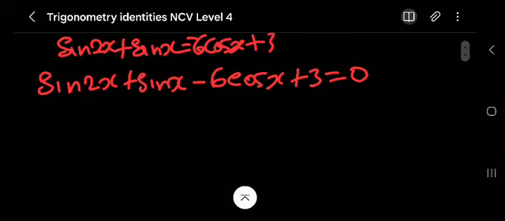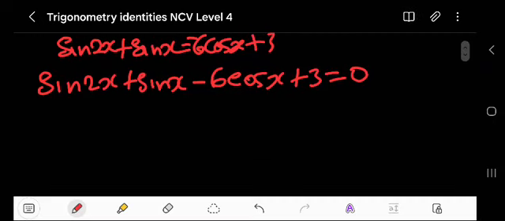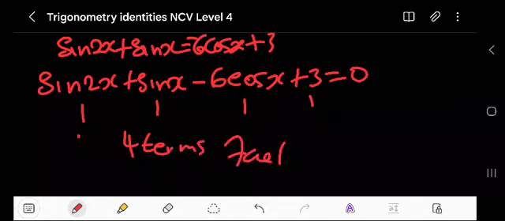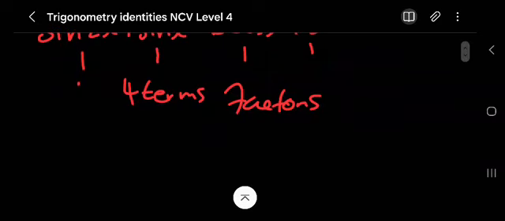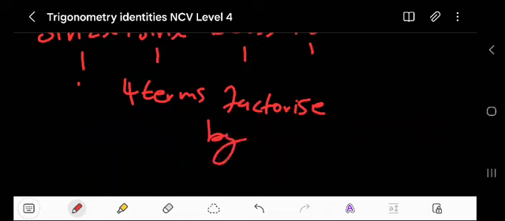So okay, we have how many things here? 1, 2, 3, 4. You see, when we have 4 terms, you must factorize by grouping.